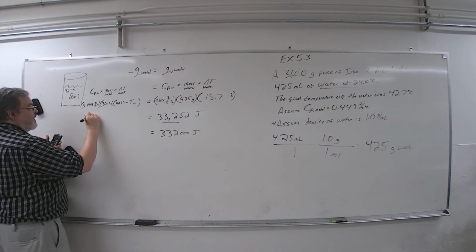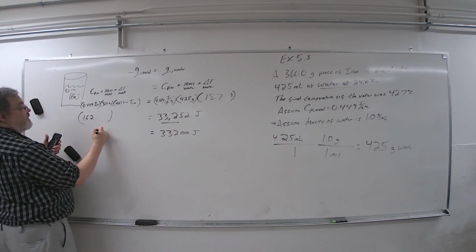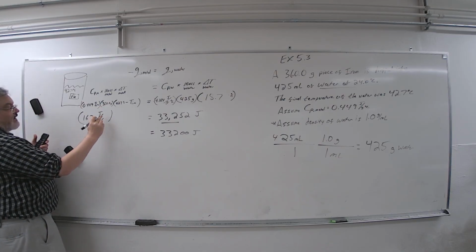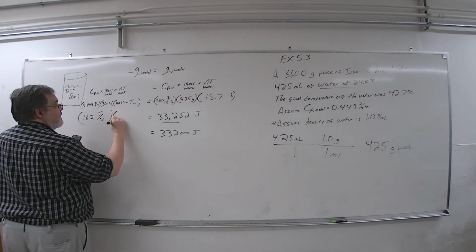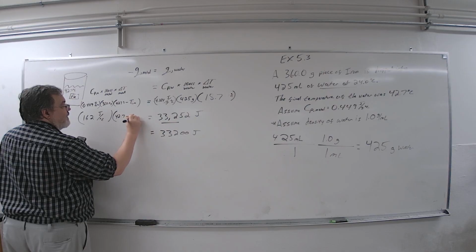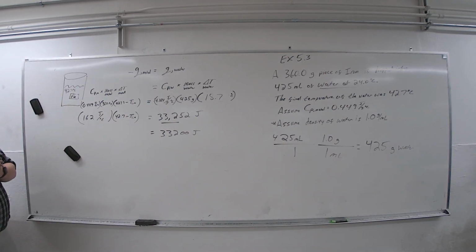Whatever. I get 162 for that. Grams cancel, so I have joules per degree C. And now we have to distribute it.